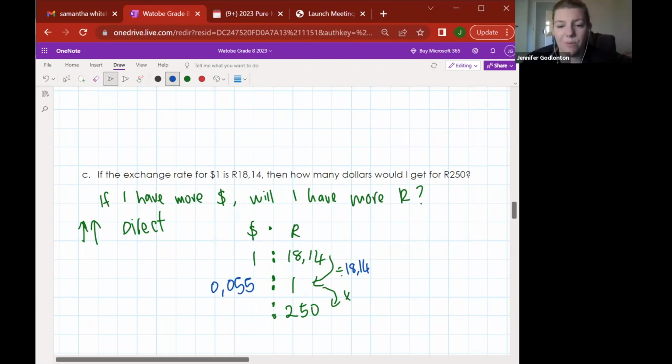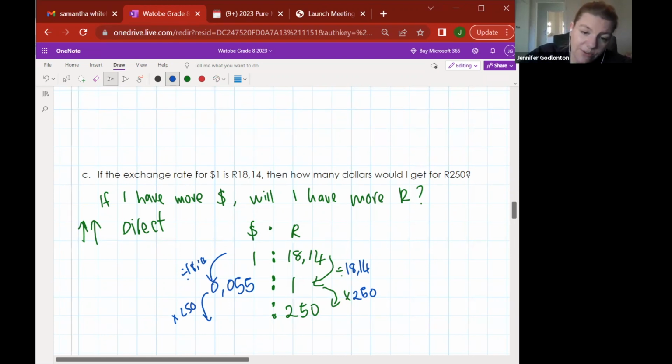Let's write 3 decimal places to try and be as accurate as possible. Some of your decimals might be a little bit different. Then to get from 1 to 250, we have to times by 250. So here we divided by 18,14, and now we're timesing by 250.